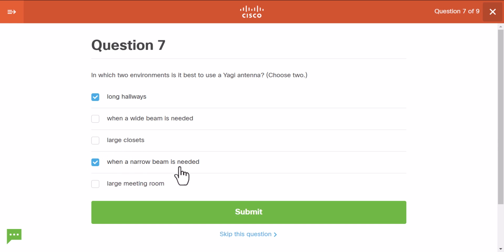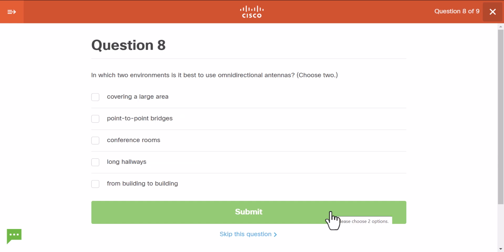We need a narrow beam, but not as narrow. Of the other options, when a wide beam is needed, it's probably better to use a patch type of antenna, which creates this extended bubble of coverage. Large closets or a large meeting room are probably good for omnidirectional antennas or patch antennas. So I'll keep these two options.